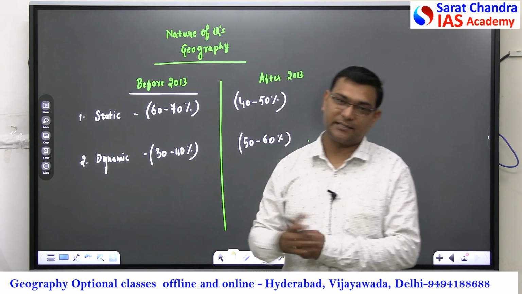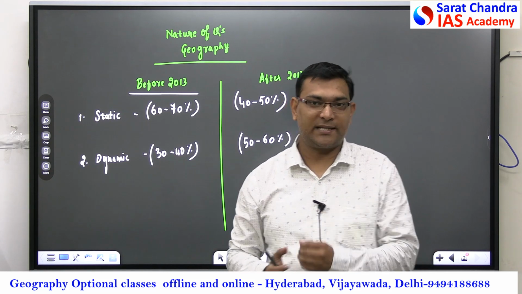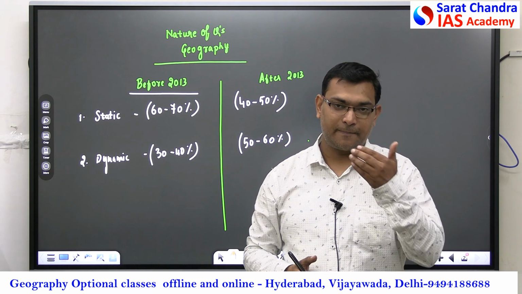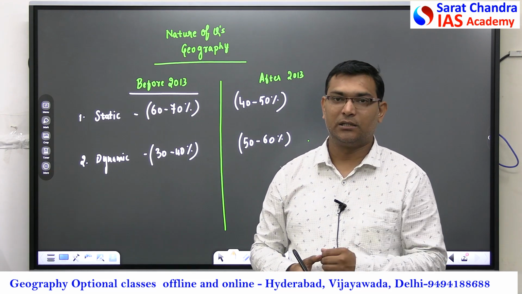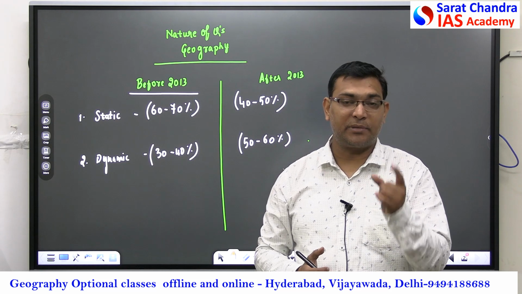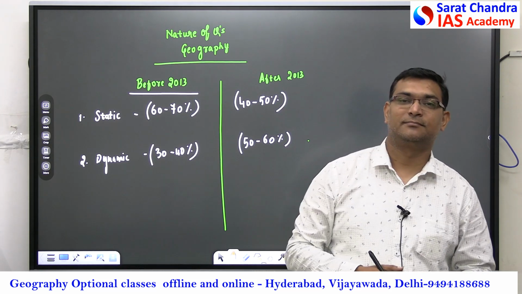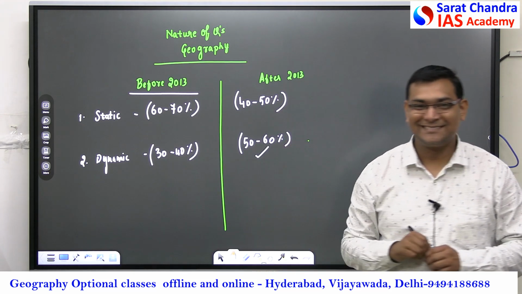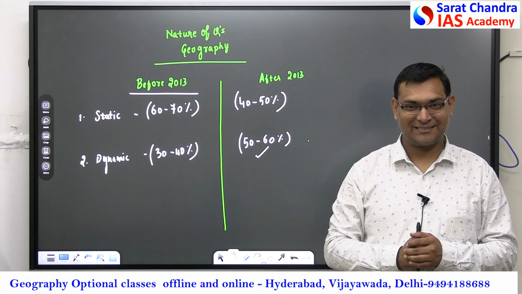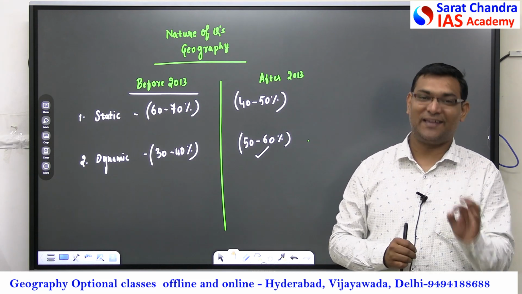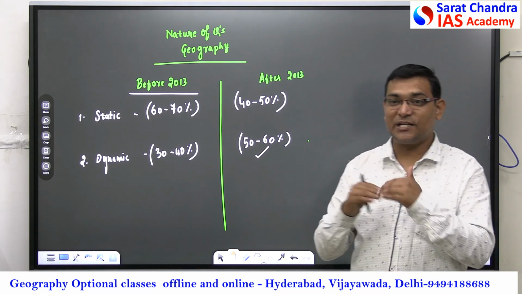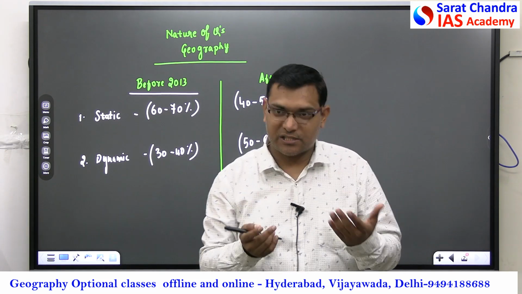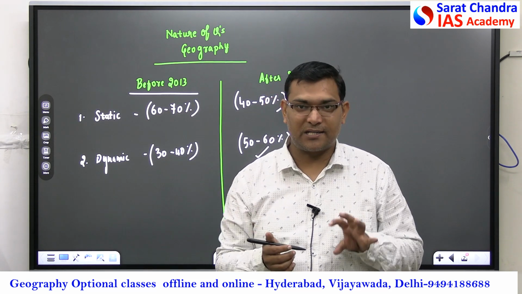Like I told you one example, when they asked the question about the Kaveri river dispute between Tamil Nadu and Karnataka, many of them wrote the political angle but missed the geography angle. Clear? That is nothing but dynamic. So this is the change in the nature of the questions. They have touched unorthodox areas, which we are going to cover in our classes.